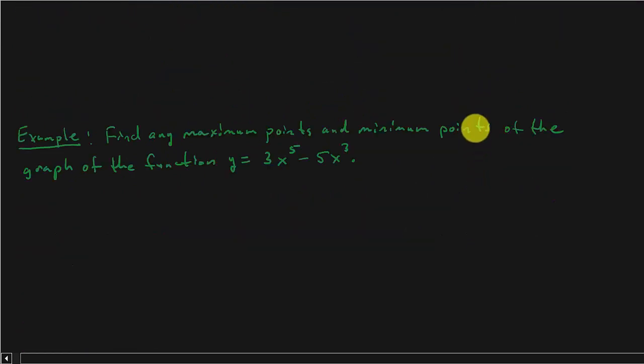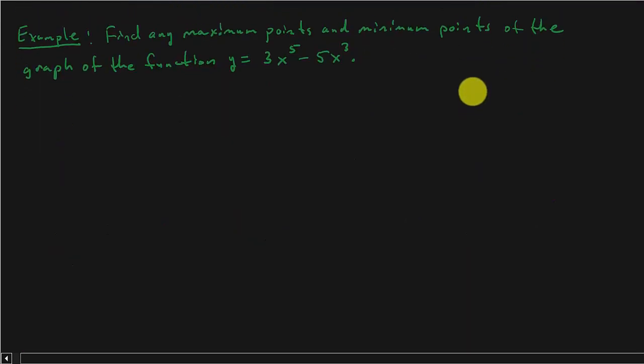All right. So let's look at this example. Find any maximum points and minimum points of the graph of the function. So we have y equals 3x to the 5th minus 5x cubed. So we want to find any relative maximum or minimum points.